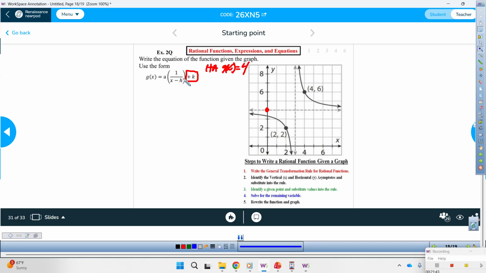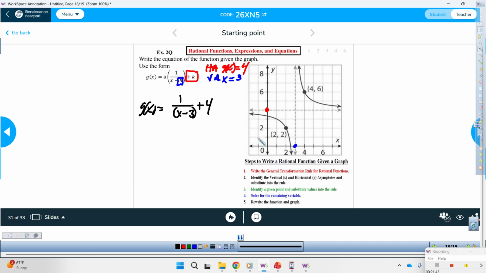Next, we need our VA, x equals, what is that, Julian? 3, okay, so that's 3. So g of x equals 1 over x minus 3 plus 4.